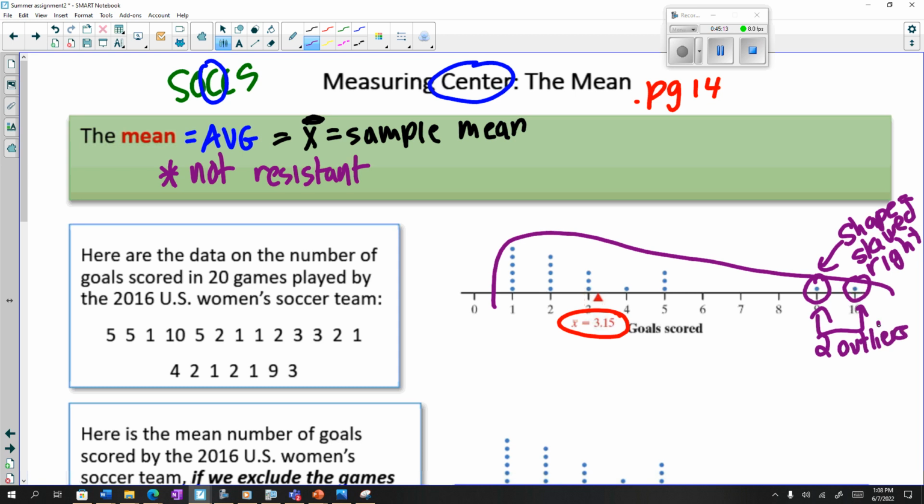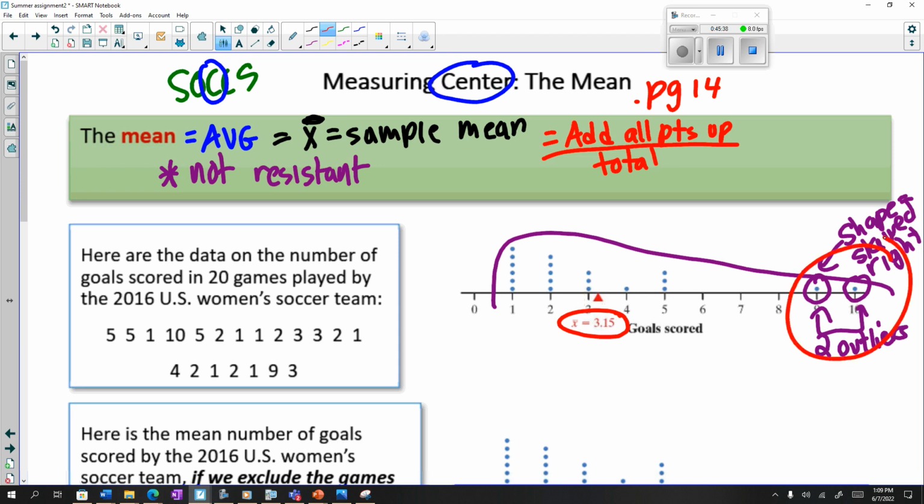So what do you think happens to the mean when you factor those two outliers into the mean? Remember, to get a mean, we would add everything up and then divide by the total, right? So if you're going to add up 1 plus 2 plus 3 plus 4 plus 5 and find the average, how is that going to be different than if you add up 1 plus 2 plus 3 plus 5 and then 9 and 10?